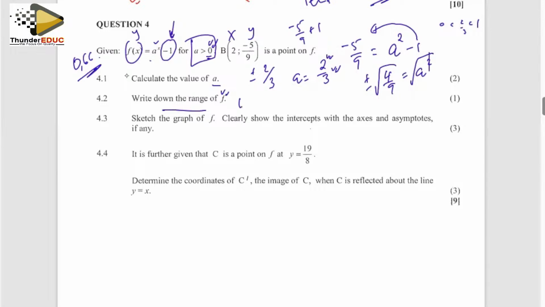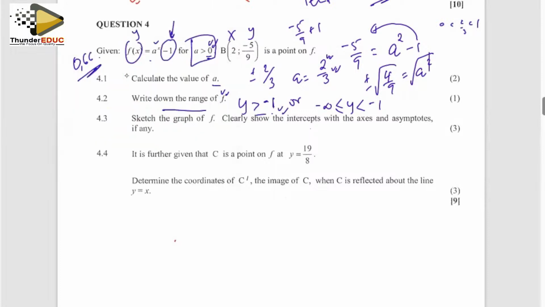It's not a big deal. Y must be greater than negative 1. That must be our range. Or someone can say negative infinity is less than y, and then less than negative 1. You can put an equal sign there. So it's either this format or that format. This one is quicker and better.